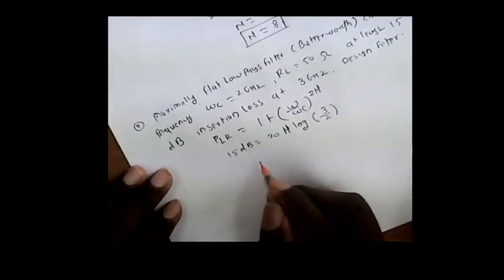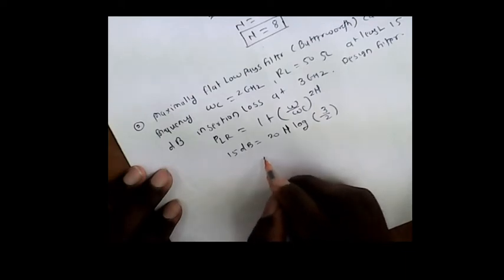After solving we get n equal to 4.20, but we take the value n equal to 5. So the number of elements required is 5.